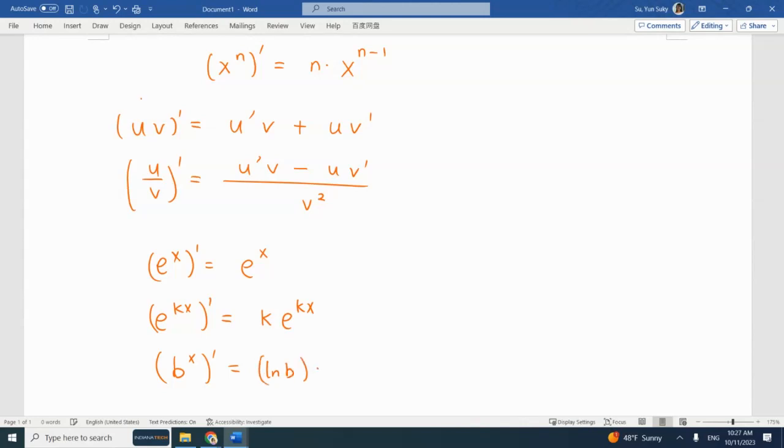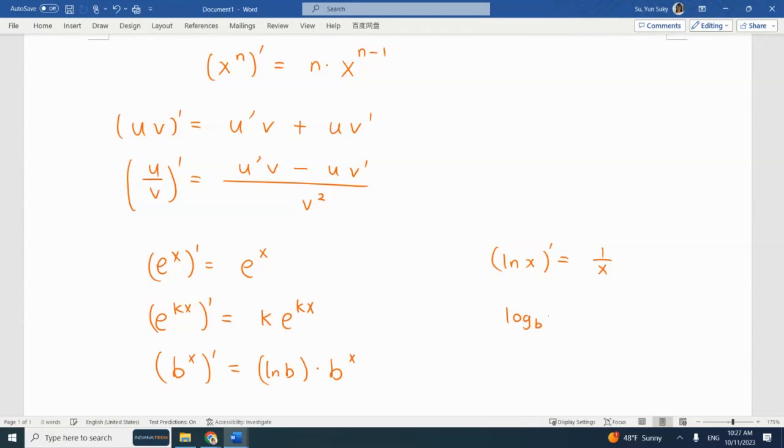ln(b) times b to the x. Right, everybody? And then the logarithmic function. The derivative of ln x is what? 1 over x.